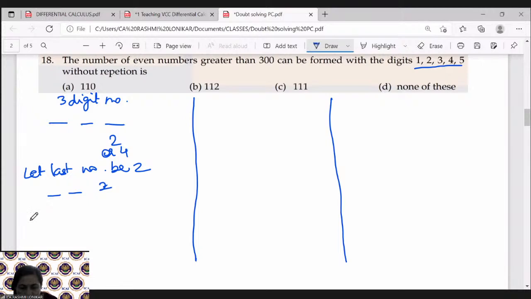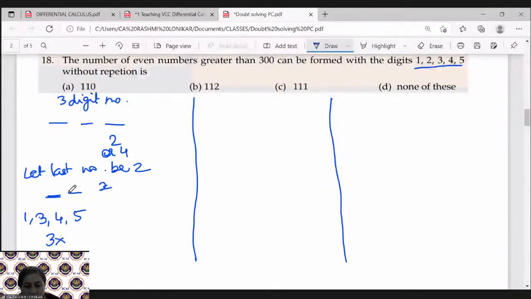So what are the numbers available? 1, 3, 4, 5. What is the condition? Condition is saying that the number has to be greater than 300. So can I have 1 in the hundreds place? No. I can only choose from these 3. In the first position, I can choose any of these 3 numbers, 3, 4 and 5.